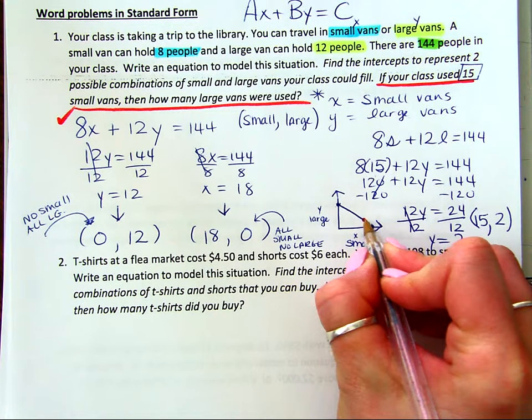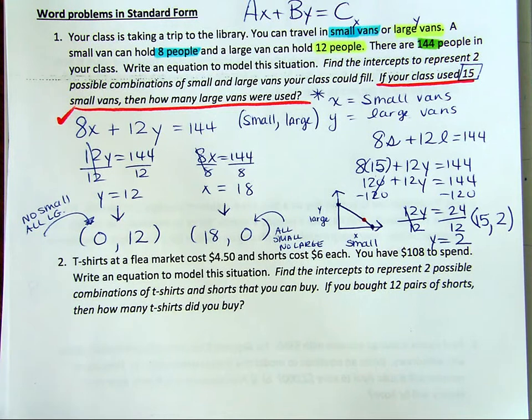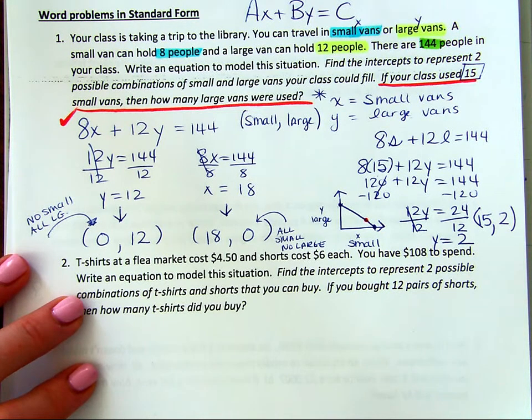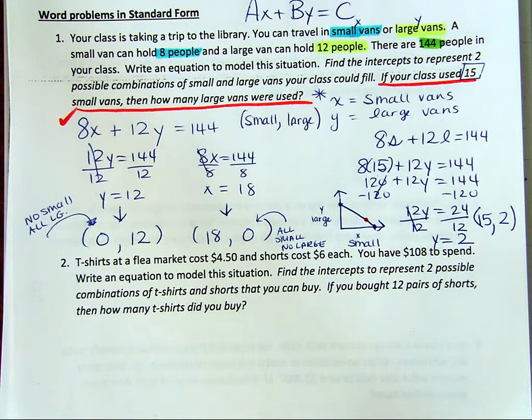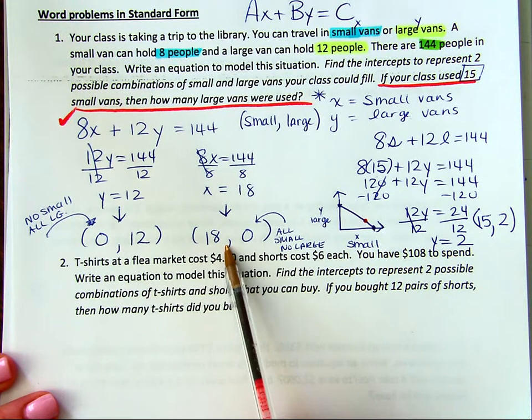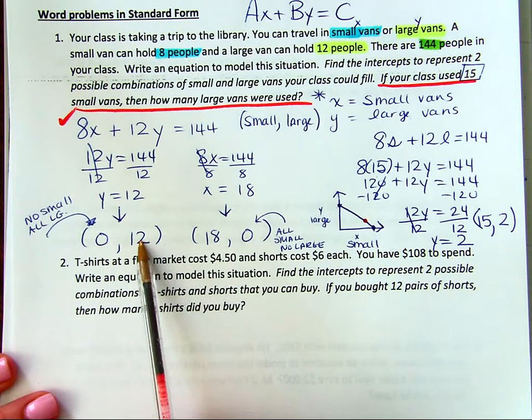All right? So essentially what you're doing when you are solving standard form word problems is this. You're giving me 3 possible combinations of things. So all small, no large; no small, all large; and some of each. Okay?